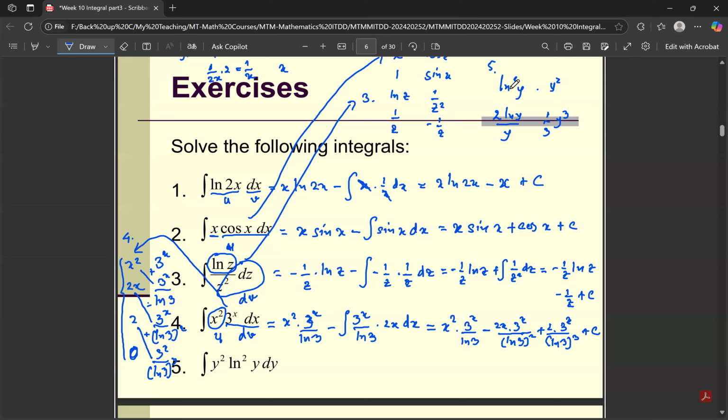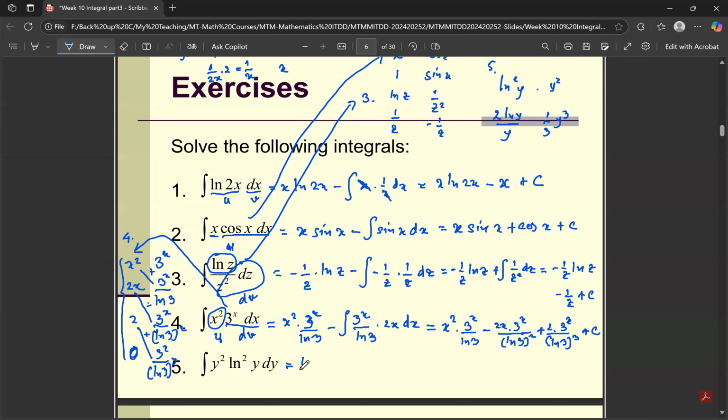So we apply one integral by parts, then analyze and continue to the next one. Here is the first integral by parts for number 5.